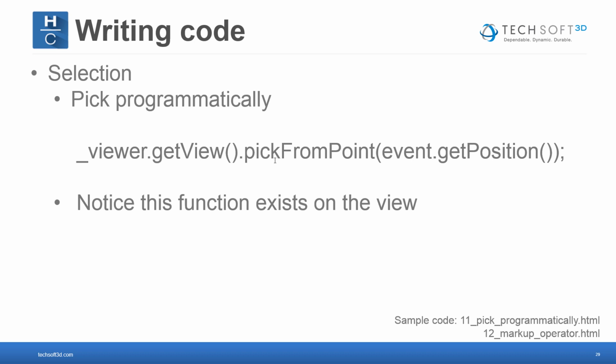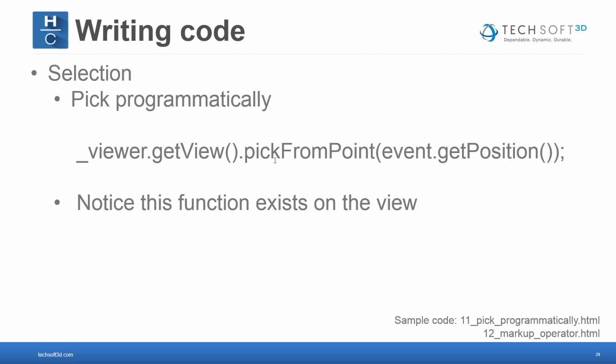So if you want to select, we'll go back to our building example where we had this tree where each floor was a particular node, then we can programmatically pick floor 1, which will highlight everything along with all the children. But if we were to pick from a point and just pick on one thing on that particular floor, we would have to use the API to walk up the model tree to get what floor it is. So just one thing to keep in mind.